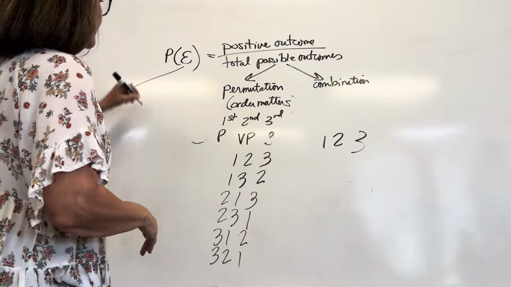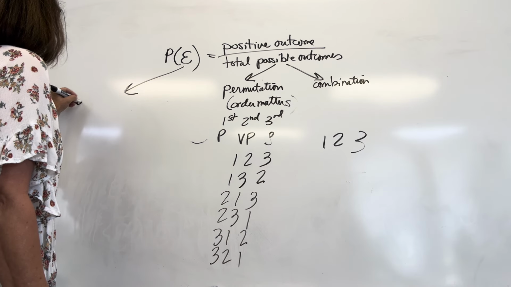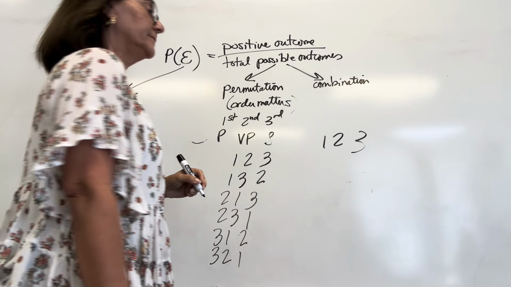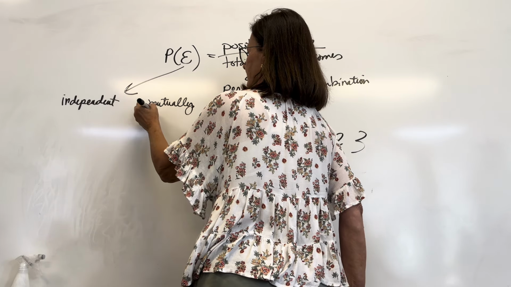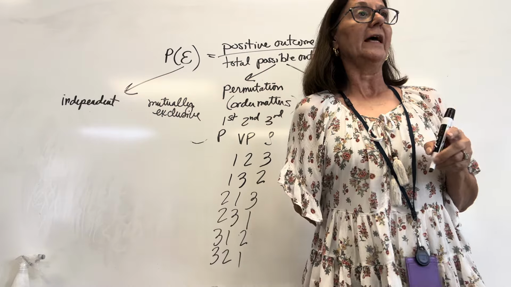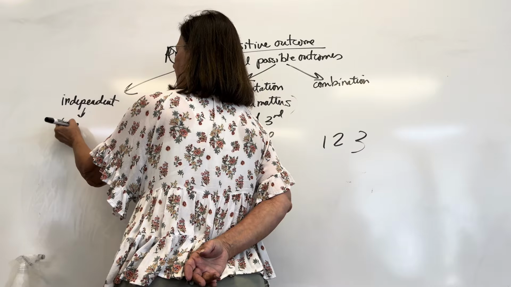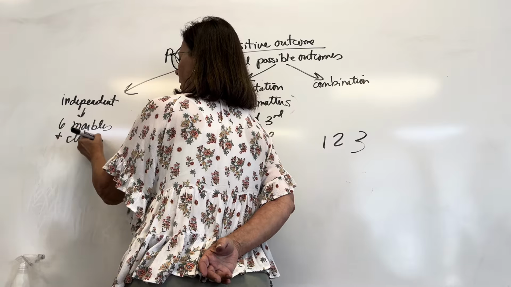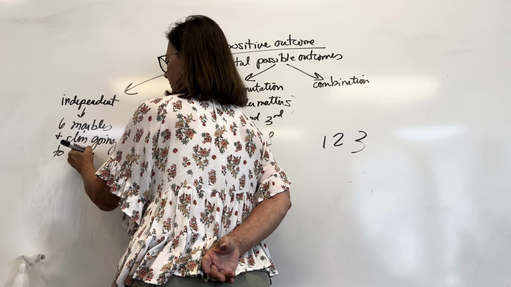Events can either be independent or mutually exclusive. Independent events are like, I have 6 marbles and I'm going to draw 2 marbles.